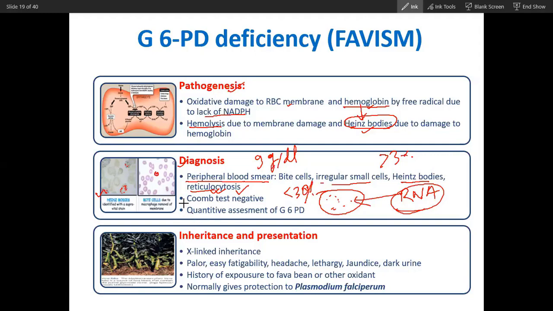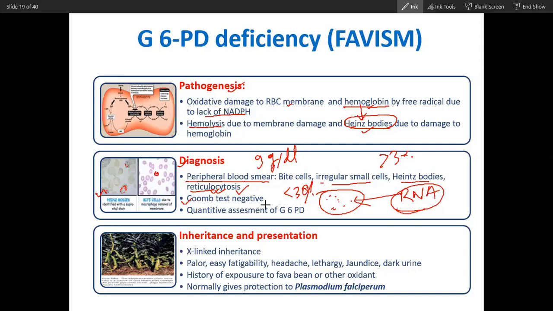Now, the Coombs test is done to rule out an immunological cause of RBC damage. An antibody can damage the RBC, and the Coombs test is done to eliminate that. If the Coombs test is negative, that means this RBC hemolysis is not because of antibody.